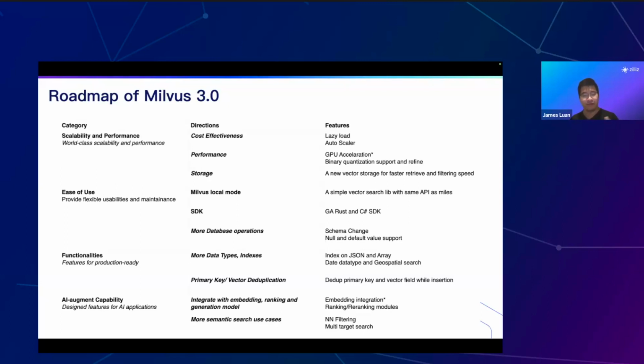It has exactly the same APIs, but doesn't support full functionalities, but it's pretty good for day one users. We also try to integrate the Milvus local mode together with LangChain and LlamaIndex. So it's good enough for you to do a lot of experiments on a small dataset.